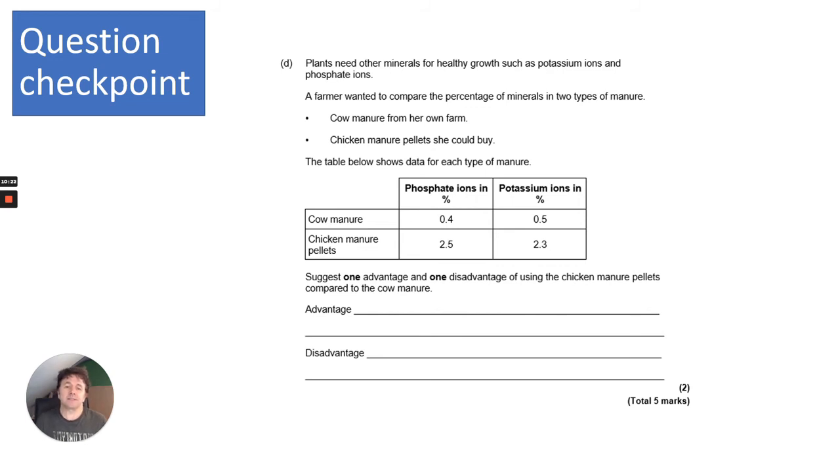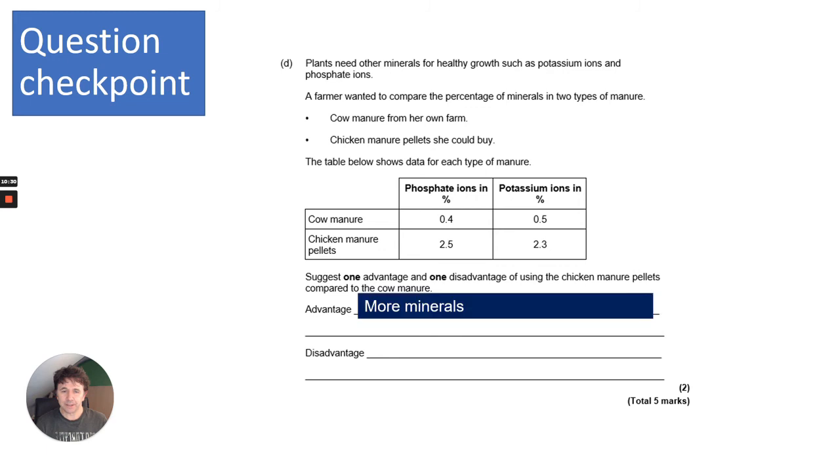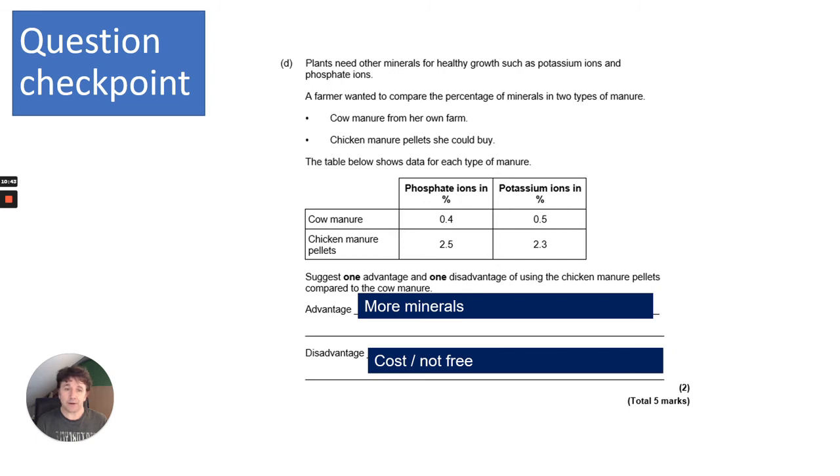So it says suggest one advantage and one disadvantage of using the chicken manure pellets compared to the cow manure. So the advantage is, if you look at the table, there's more minerals in the chicken manure, but you have to buy the pellets, which are going to cost you money, whereas cow manure from your own farm is free.